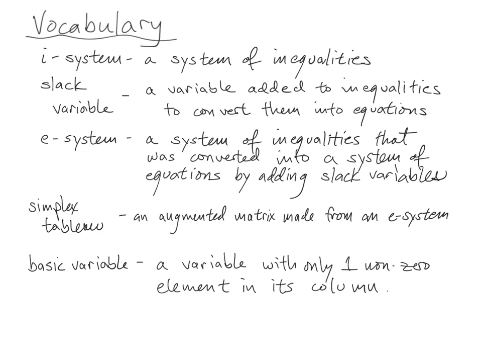A basic variable is a variable with only one non-zero element in its column. So this would be a column that would look something like maybe 1, 0, 0 or 0, 0, 1, or it could be longer, 0, 1, 0, 0. Just as long as there's only one element in the column that isn't 0. Moving on.